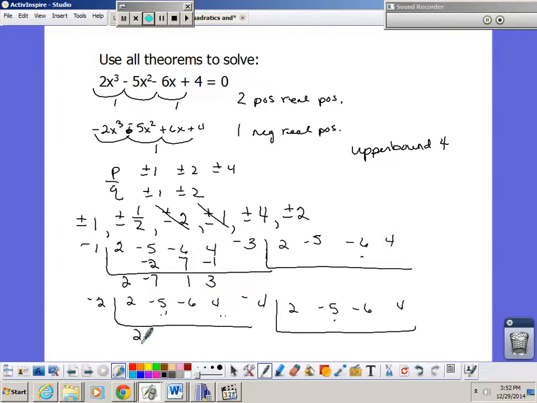Almost. 2, -4, -9, 18, 12, -24, -20. There we go. -2 is my lower bound.